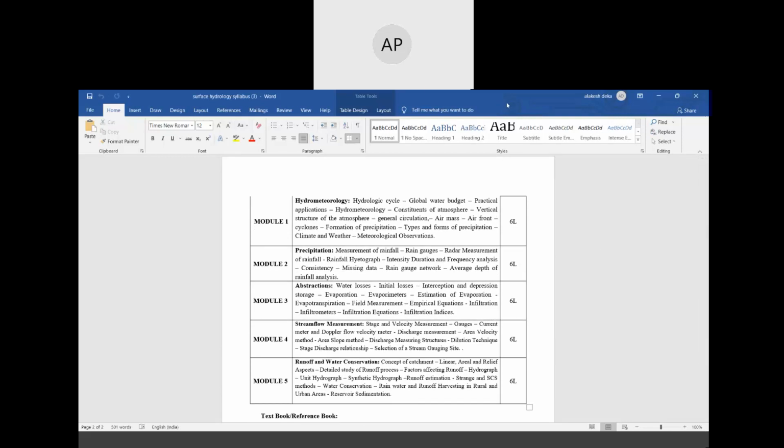It has the hydrological cycle, global water budget, practical application, hydrometeorology, constituents of the atmosphere, vertical structure of the atmosphere, general circulation, air mass, air front cycles, formation of precipitation, types and forms of precipitation, climate and weather, and meteorological observation.